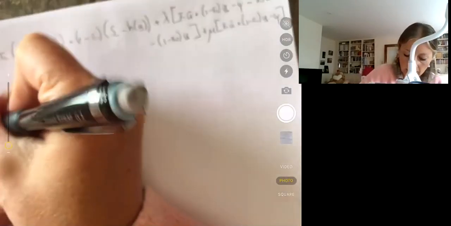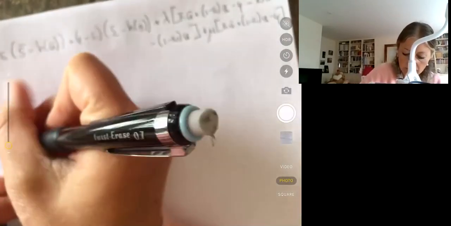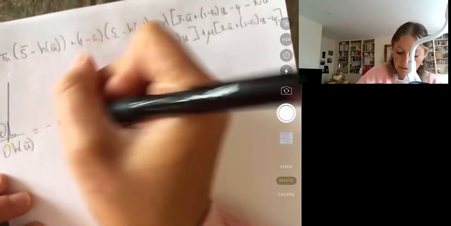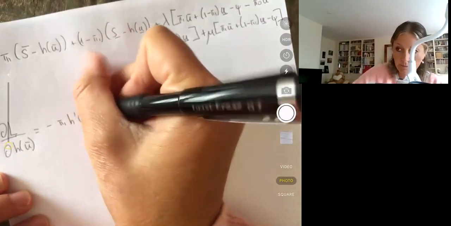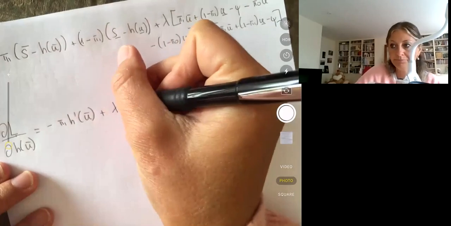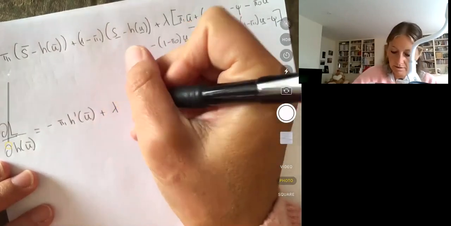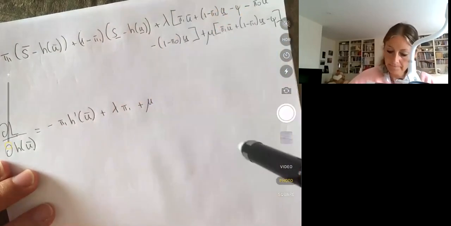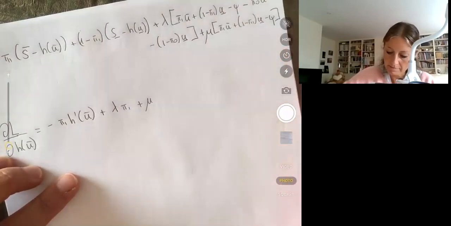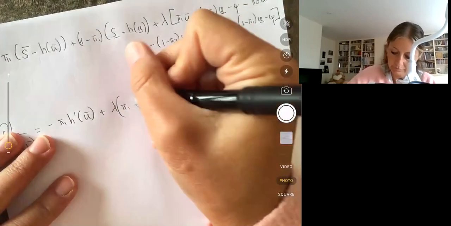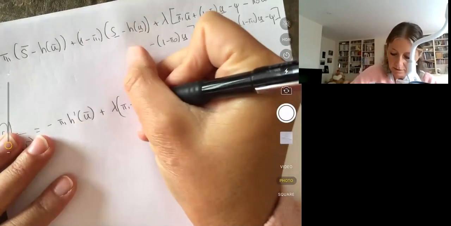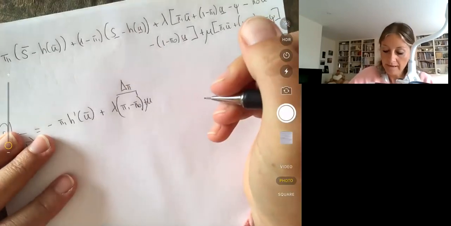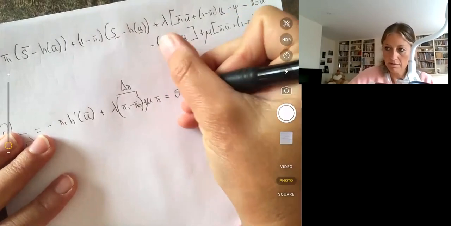That gives minus pi 1 H prime of U upper bar plus lambda times pi 1 minus pi naught, which we will call delta pi, plus mu pi 1 equal to 0.